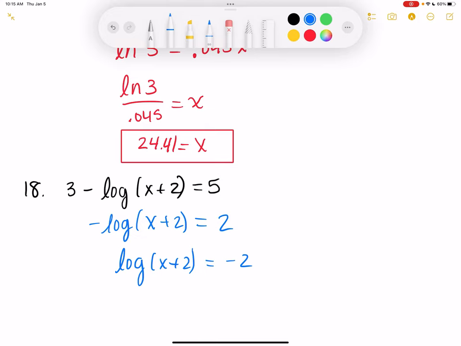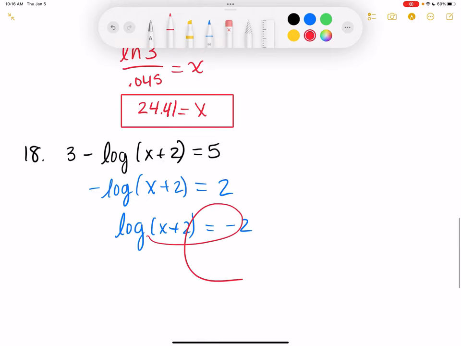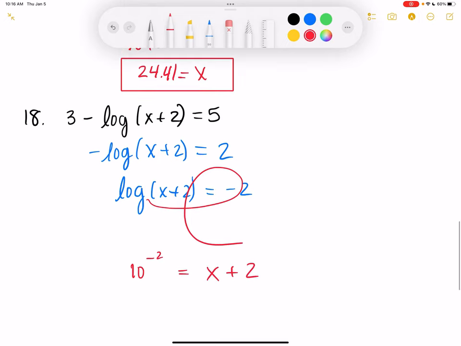Then you do the curly E thing, right? Oh, what was it called? All right, so if the log doesn't have a base written, what is it? 10. So I have 10 raised to the negative 2 is equal to x plus 2. So then I subtract the 2.